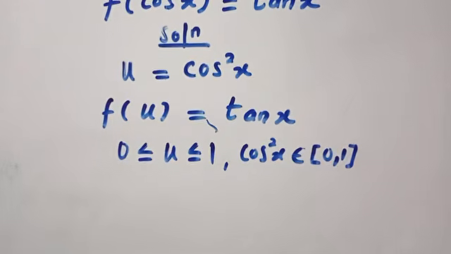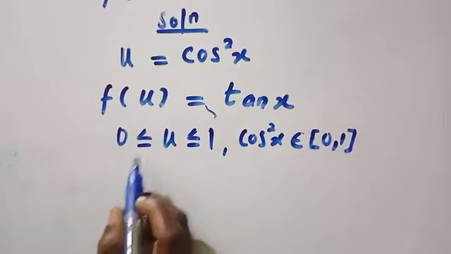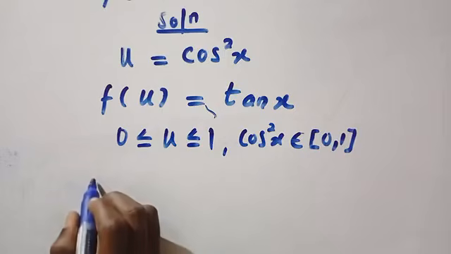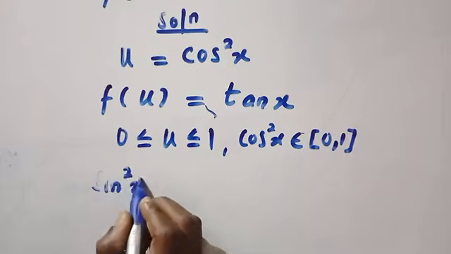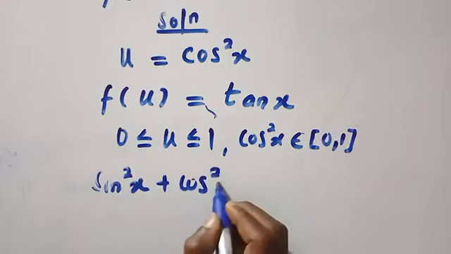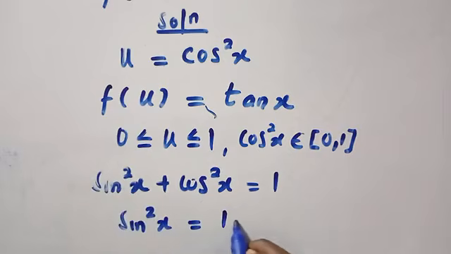Then we also need to derive some relationship between the cos and the sine. If you recall that sin² plus cos² equals 1, and by making sin² the subject of the formula, we have sin²x equals 1 minus cos²x.